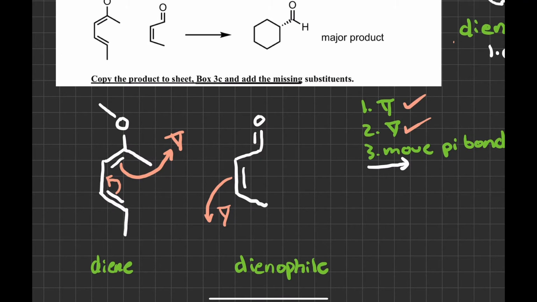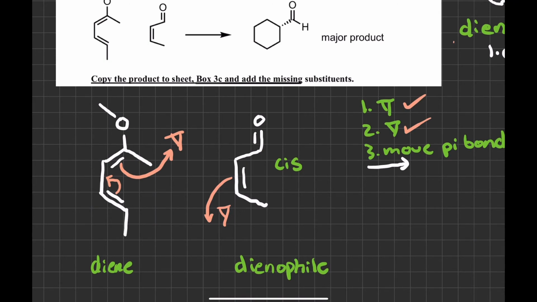Next, we need to care about the stereochemistry. So let's check out the stereochemistry of the dienophile. Since both substituents are facing the same direction, which is this way, relative to the double bond, the substituents are in cis conformation. We need to keep this in mind as the stereochemistry in the starting material will be maintained in the product.